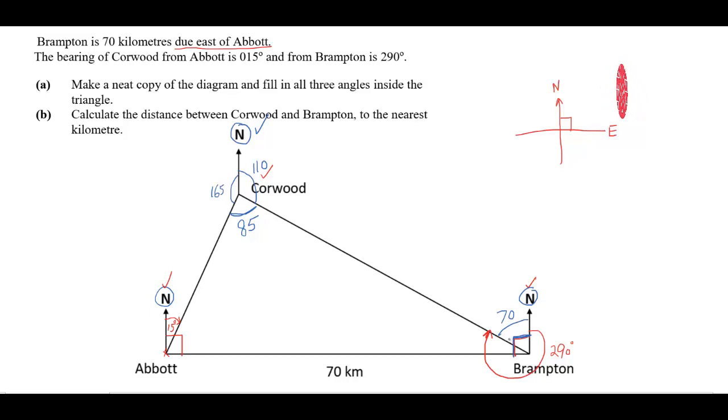If you subtract this 70 from 90, you will get this much angle, which is 20 degrees. Similarly, over here, this total angle is 90. If you subtract this 15 from the 90, we will get this much angle. It is 85. No, sorry, 75.